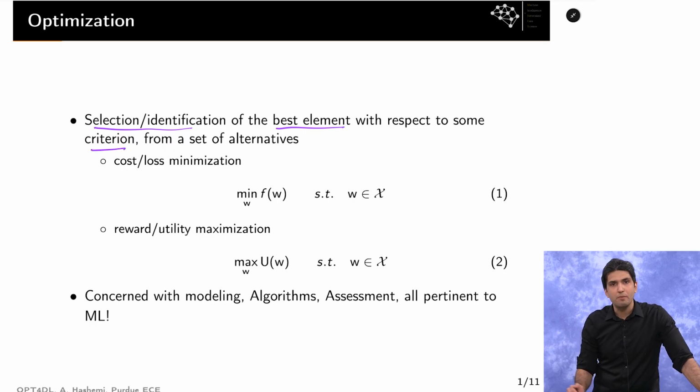Many times in optimization, the goal is to minimize some cost or loss function. An example of this is in machine learning, which is our main motivation in this course, where we want to, let's say, minimize a certain loss function to ensure our model provides the best fit to the data.